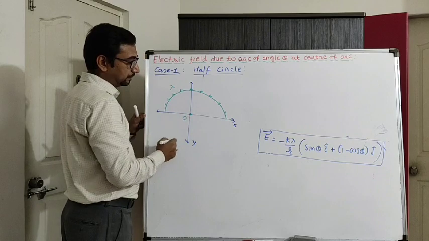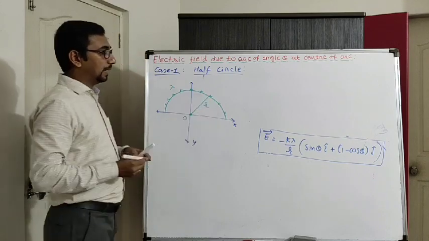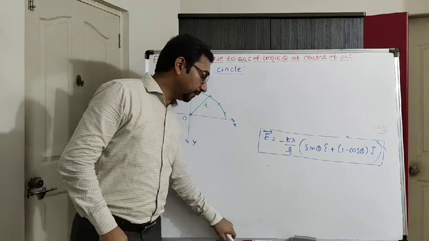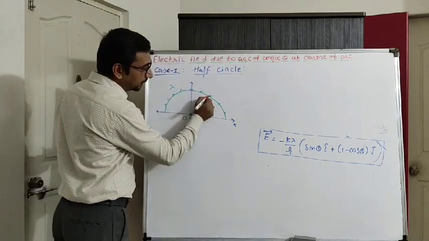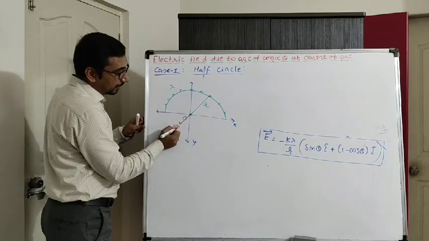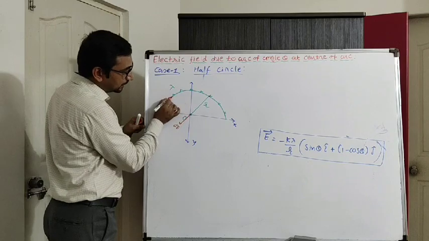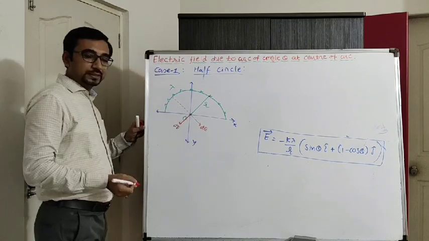At the center, we want to find out the electric field. Its radius is r. So in this particular case, the electric field generated by this point will have this direction, and at exactly the same angle on the opposite side, the electric field will be in this direction.